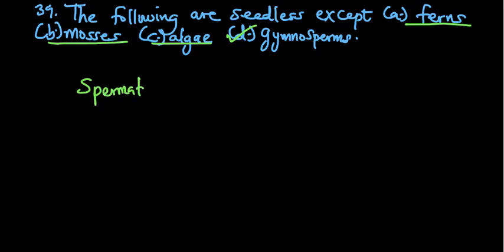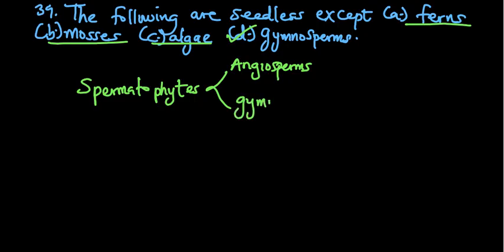Spermatophytes are seed-producing plants, grouped into two: the angiosperms and the gymnosperms. Angiosperms are later divided into monocotyledons and dicotyledons. Gymnosperms have naked seeds; their seeds are not enclosed, while in angiosperms the seeds are enclosed.